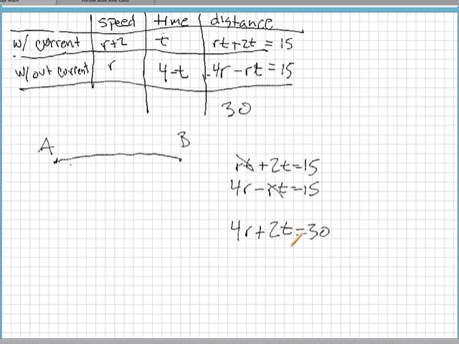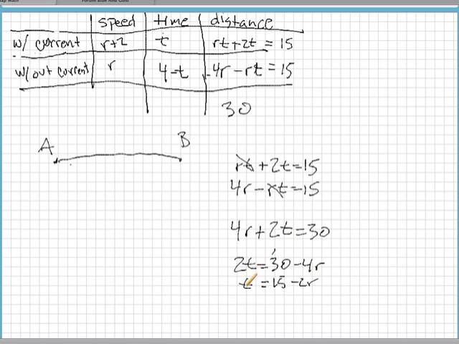We're going to use the substitution method once we find what t is equal to in terms of r. So 2t is going to equal 30 minus 4r, and then you divide it, so t equals 15 minus 2r.